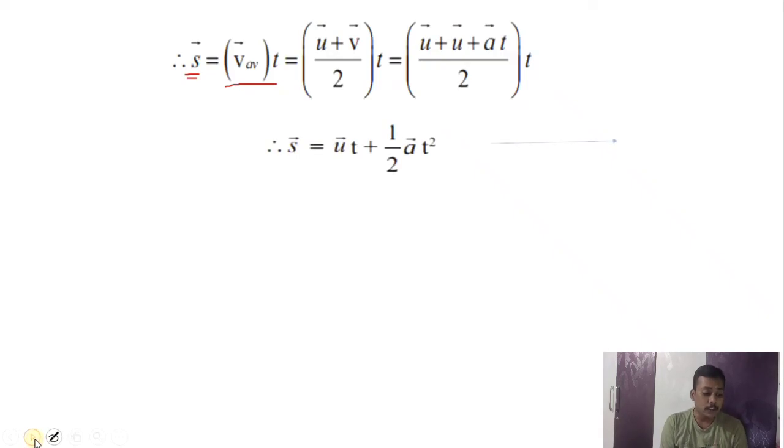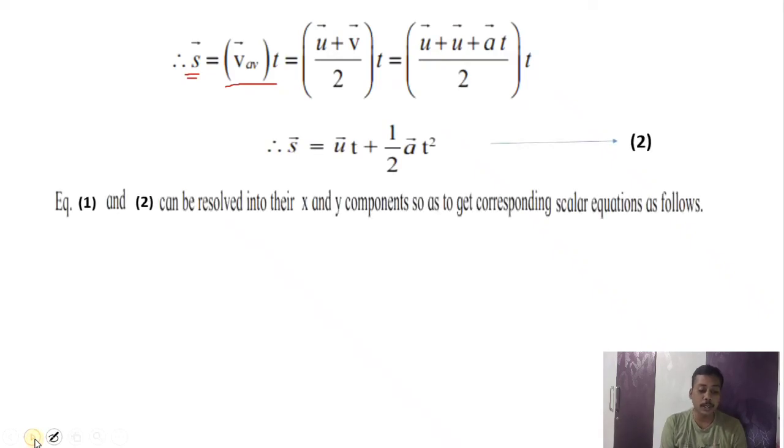But here, as the motion is in two dimensions or in a plane, we have to write the equation in corresponding components. So for v along the x-axis we get vx is equal to ux plus axt. Here vx is the x component of final velocity, ux is the x component of initial velocity, ax is the x component of acceleration, and t is the time.